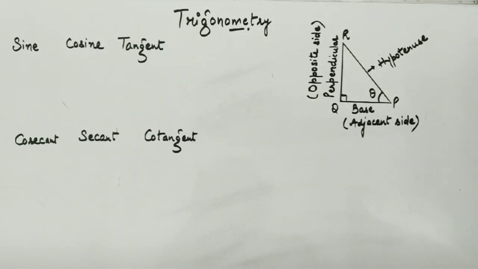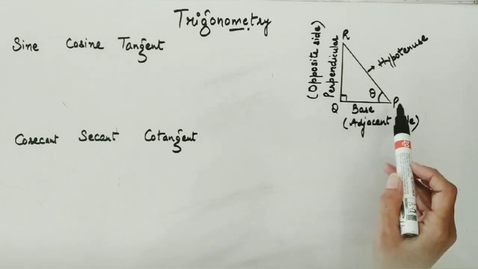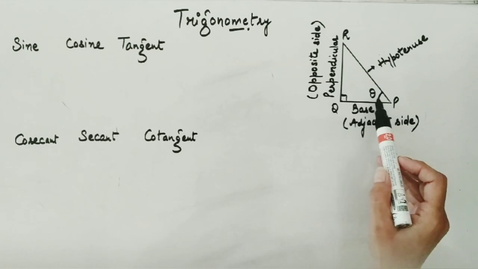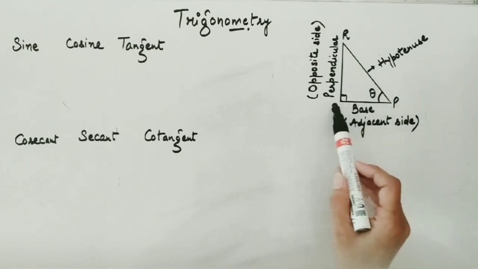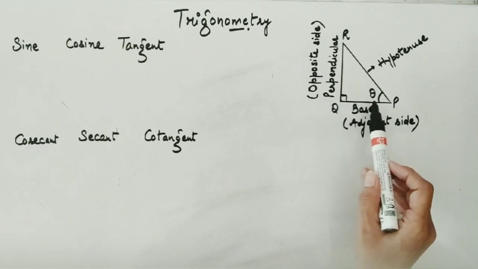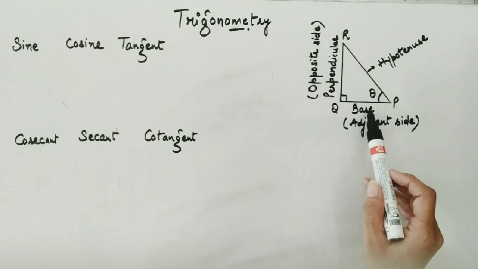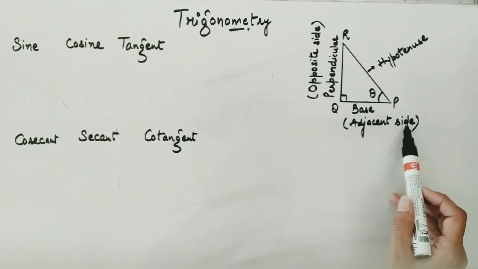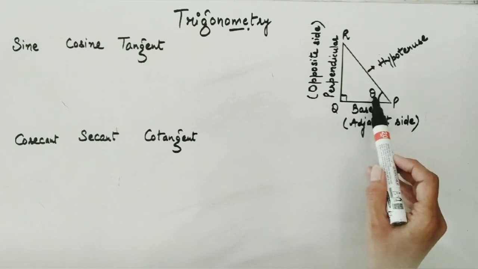Let us begin with this now. Observe this triangle very carefully. It's a triangle PQR. The angle theta is formed at vertex P, so this side PQ is the base, or another way to say it, it is actually the side adjacent to theta.